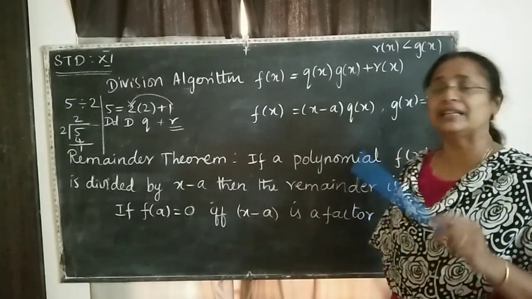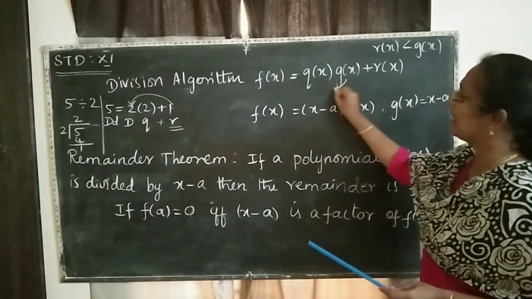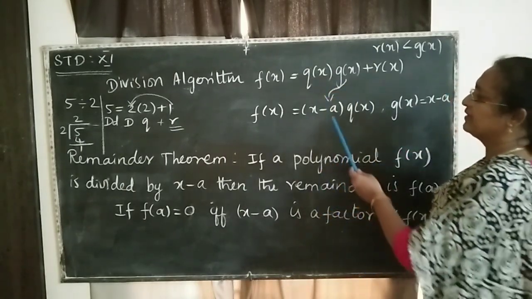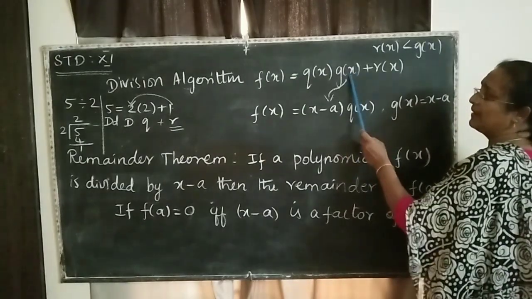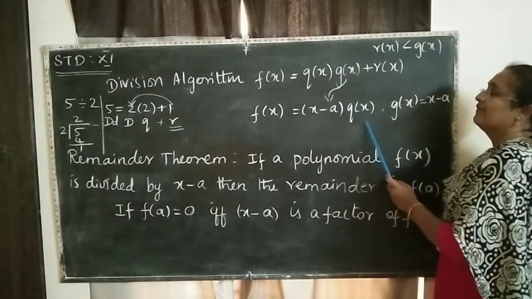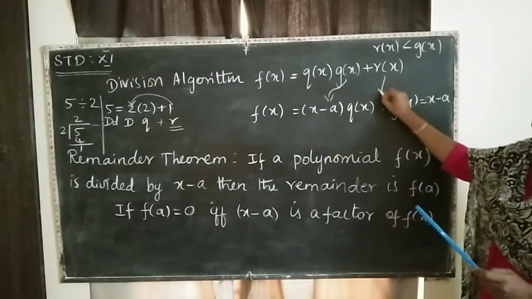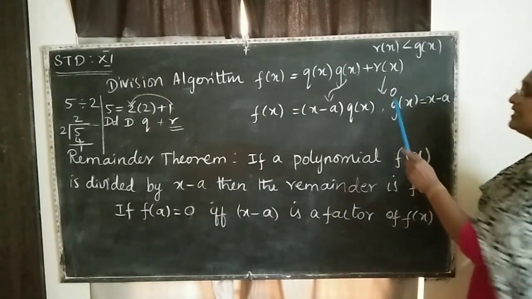Now, in the place of g of x, instead of a polynomial expression or a quadratic polynomial or cubic polynomial, if we have a factor there. So, in the place of g of x, if we have the factor, again the division algorithm goes in the same way, but instead of g of x, it is x minus a into q of x, where this r of x becomes 0. Why does this happen?